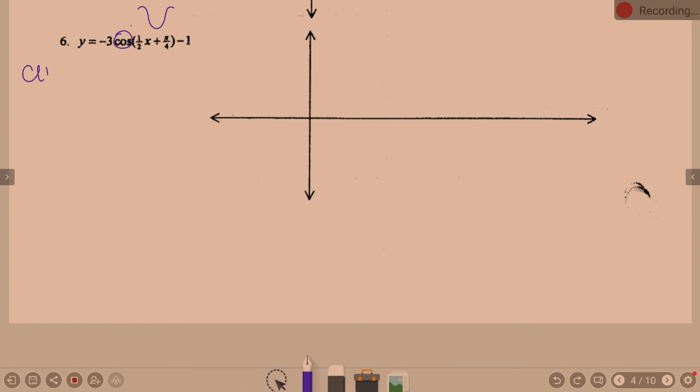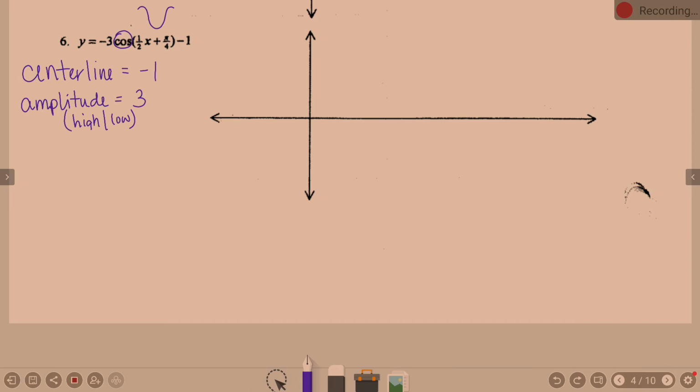Okay. I'm going to go through the basics pretty quickly. Center line of -1, because there's a -1 subtracted at the end. Amplitude of 3, because it's the absolute value of the number out front. So that 3 is going to tell me how high and low my graph goes, right?